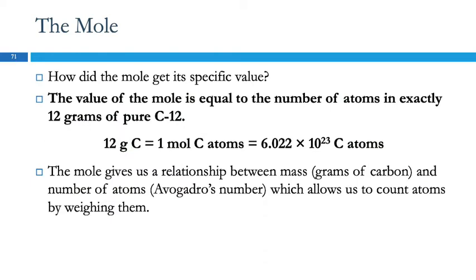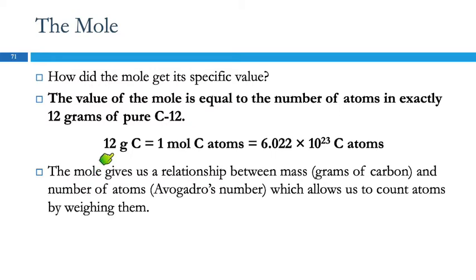How did that number come about? The value of the mole is equal to the number of atoms in exactly 12 grams of pure carbon-12. We had another unit that talked about carbon-12. The atomic mass unit was defined as 1/12 the mass of a carbon-12 atom. So here we have the mole is the number of atoms in 12 grams of carbon-12.